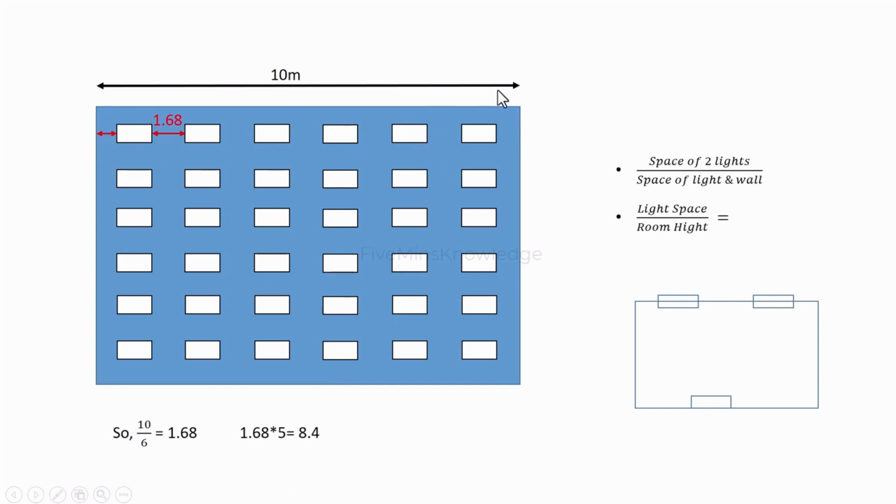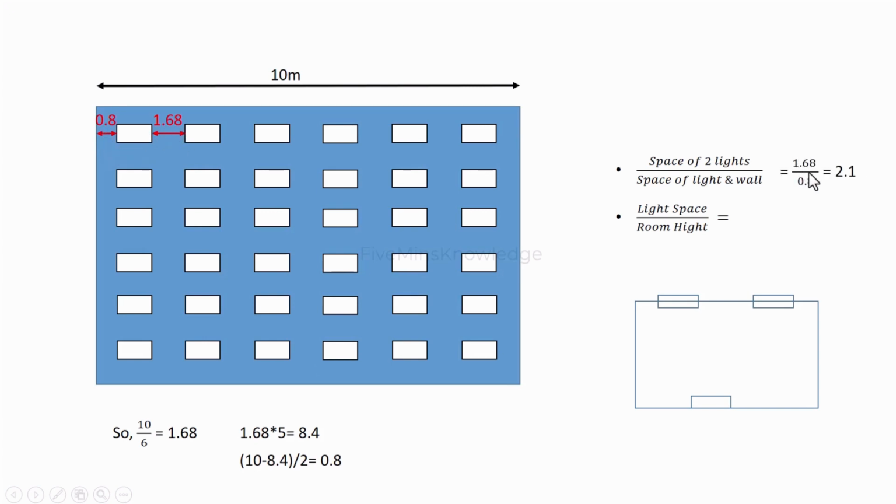So total length is 10 meter and all these gaps are 8.4. So these two gaps, this gap and this gap, will be 10 minus 8.4 by 2 is 0.8, so this gap is 0.8.